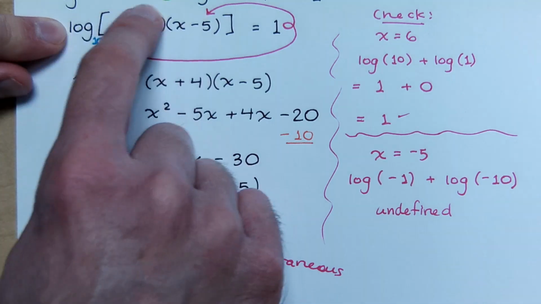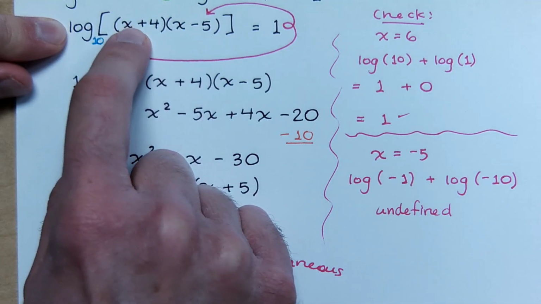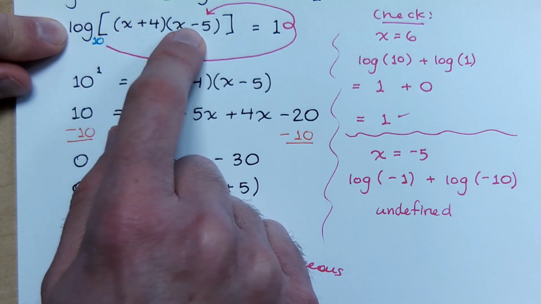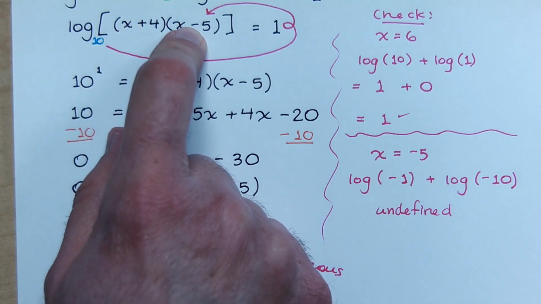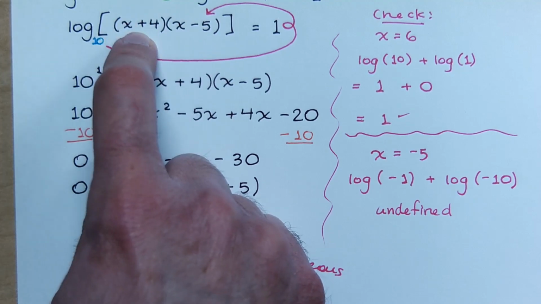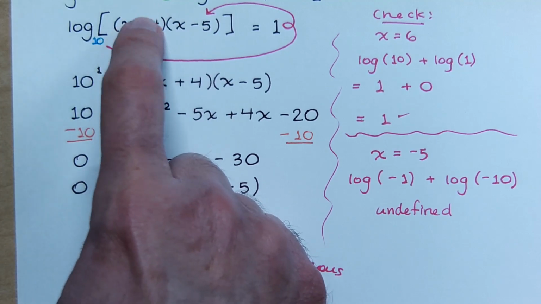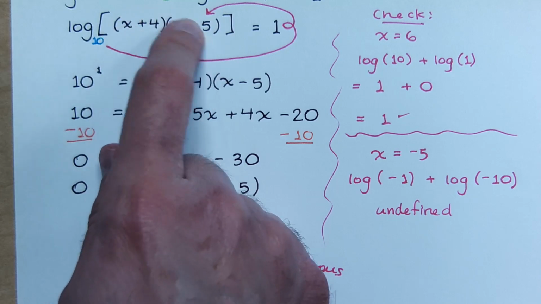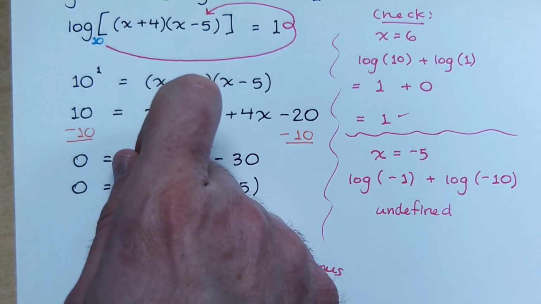Because by starting right here, if I plugged in negative 5, yes, that would have been a negative 1. Yes, it would have been a negative 10. But the order of operations would have dictated that you multiply the insides first before you evaluate the logarithm. So you would have had a negative 1 times negative 10, which makes it a positive 10, which would not be a problem.